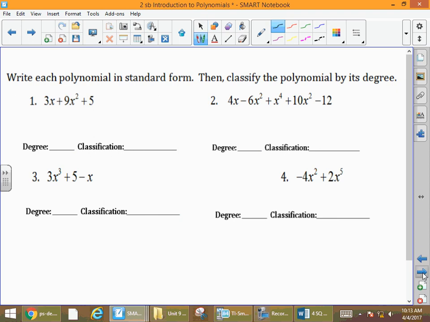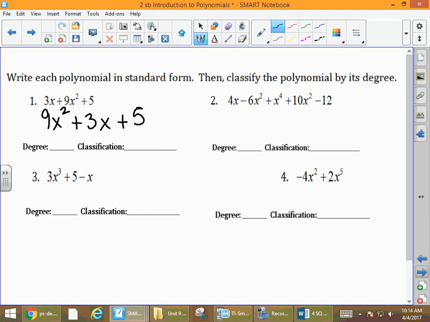So when we look at this one, 9x squared is our highest degree, plus 3x plus 5. Highest degree, then next highest degree, and then eventually we end with our constant. What's the degree of this polynomial? And if you can't shout it out, at least at your desk, put up the fingers.